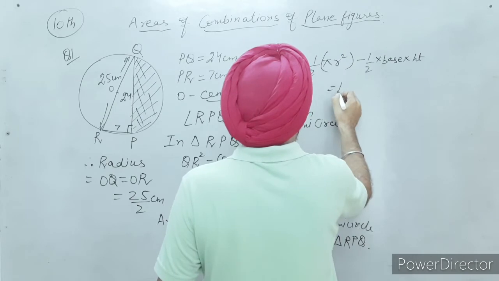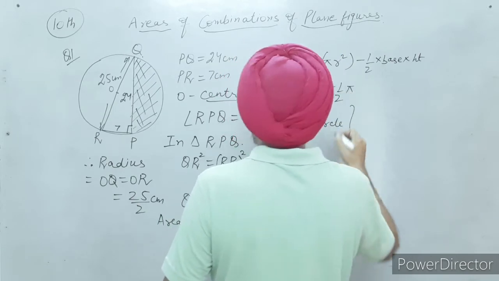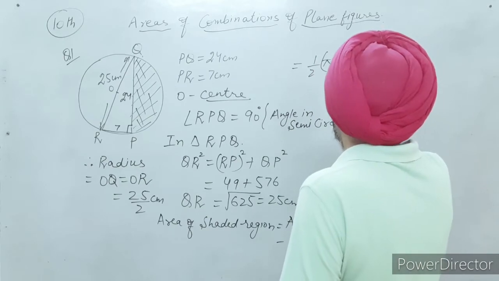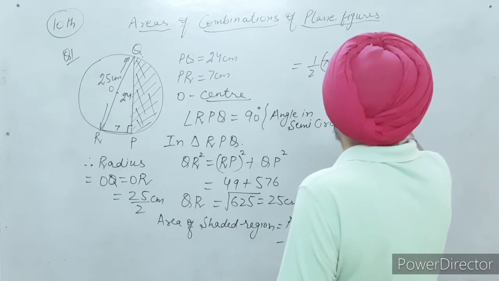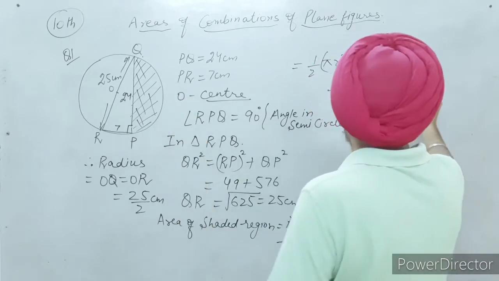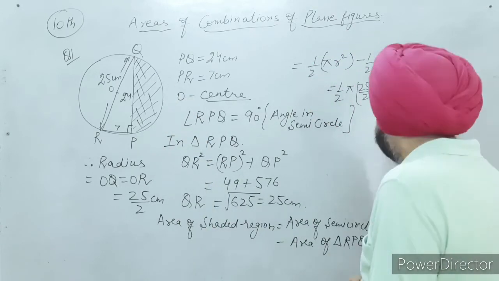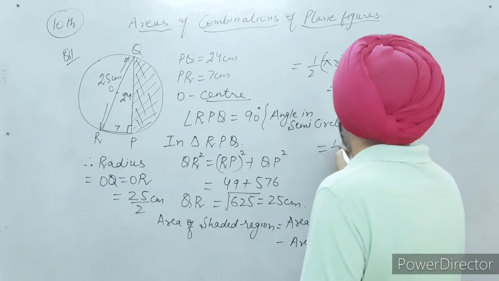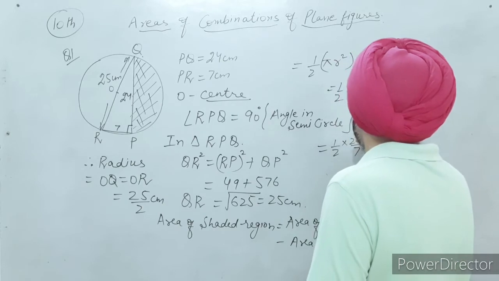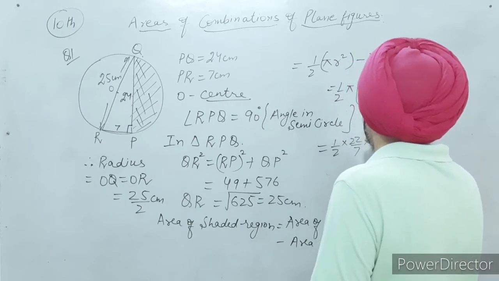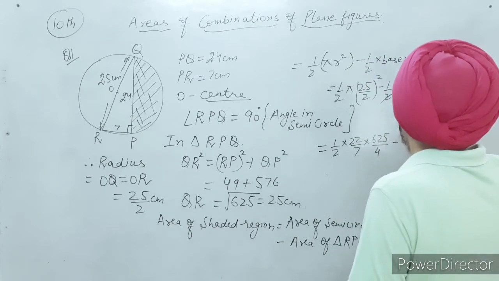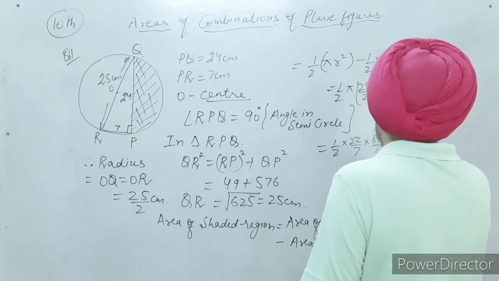This is half pi as it is. R square is the square of 25 by 2. Then half into base into height, 24 and so on. Right? I get half into 22 by 7, the value of pi, into 625 by 4, minus, this cancels out, 12 into 7 is 84.